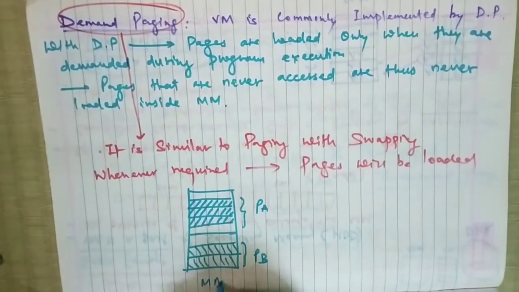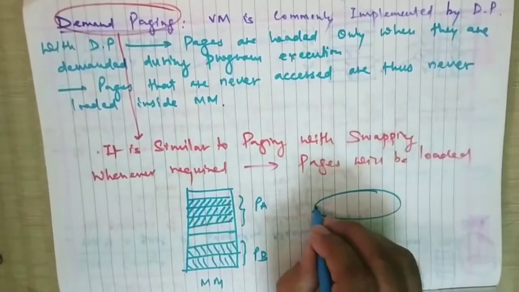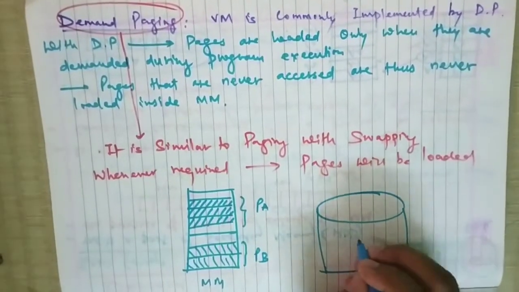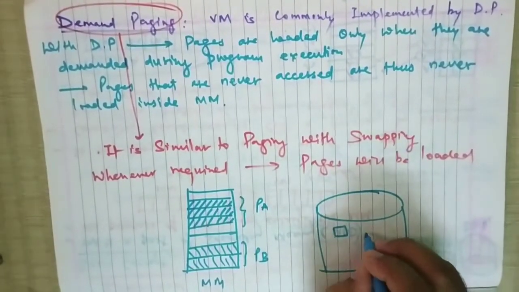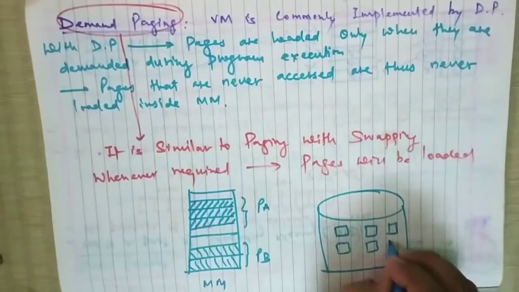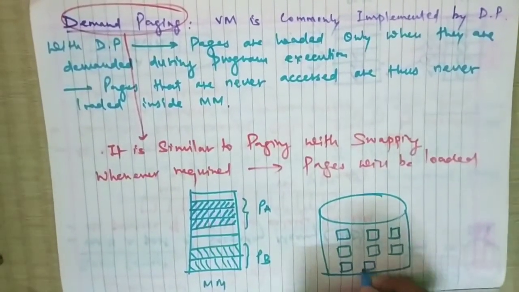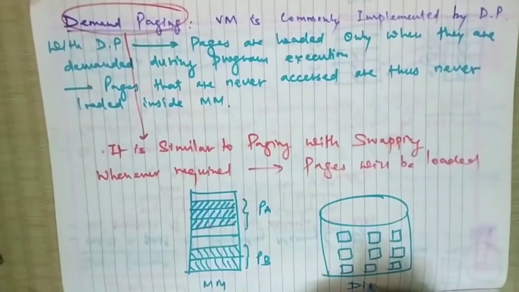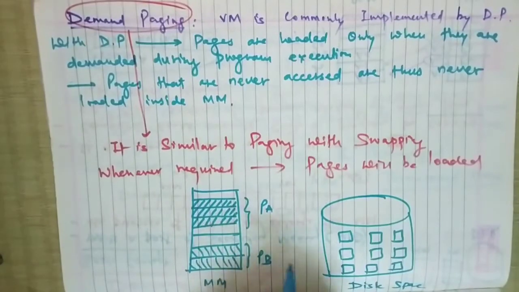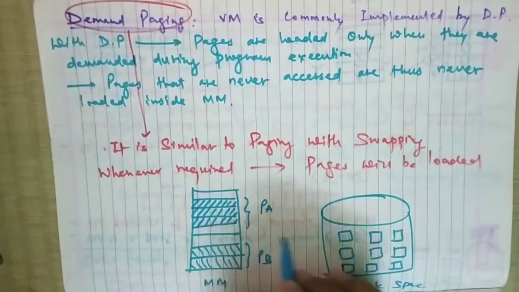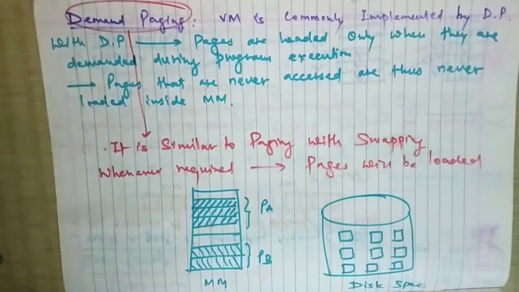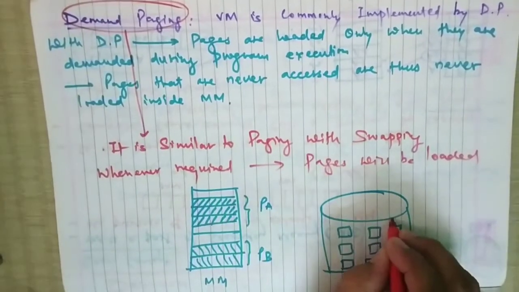This is my main memory, and this is my hard disk. Here we have kept the disk space like this: 1, 2, 3, 4, 5, 6, 7, 8, 9. This is my disk space, so we can easily monitor the swapping in and swapping out.